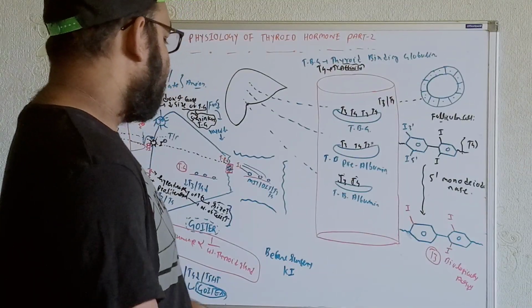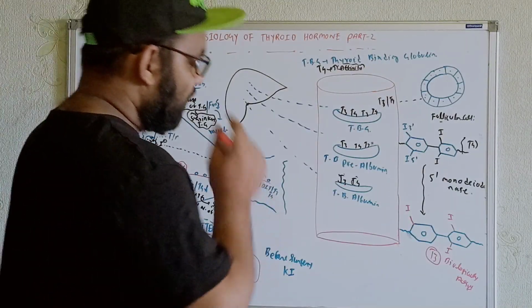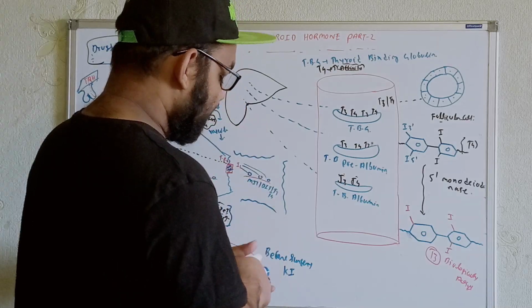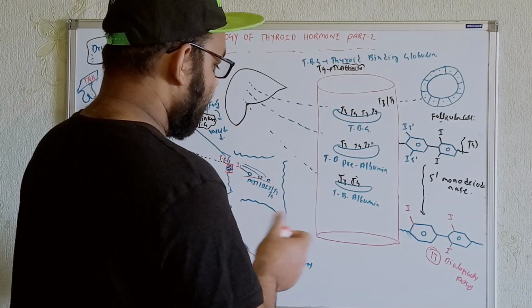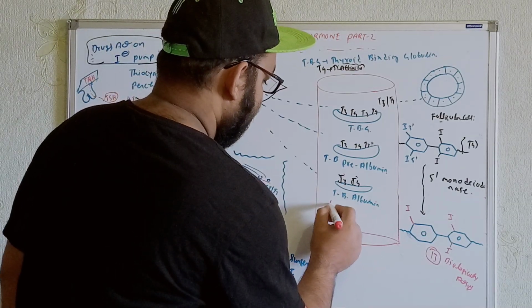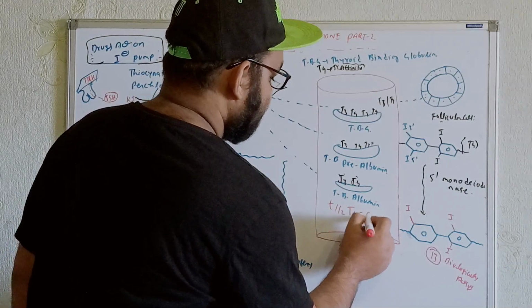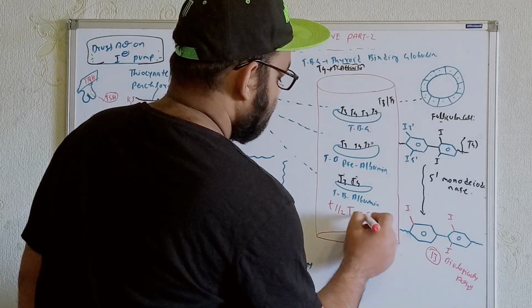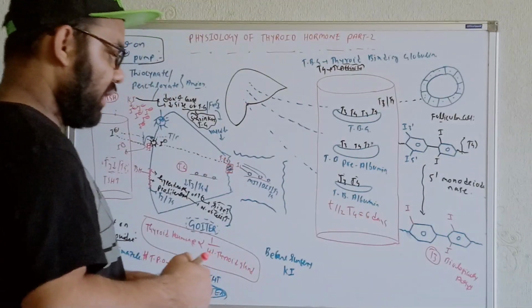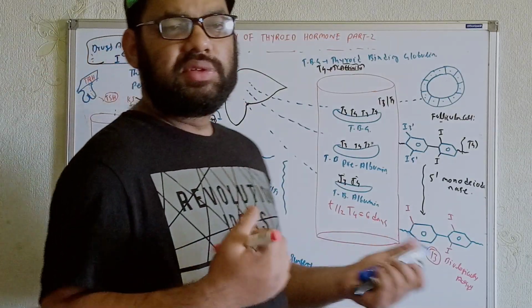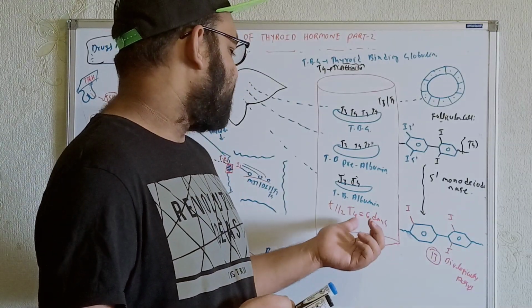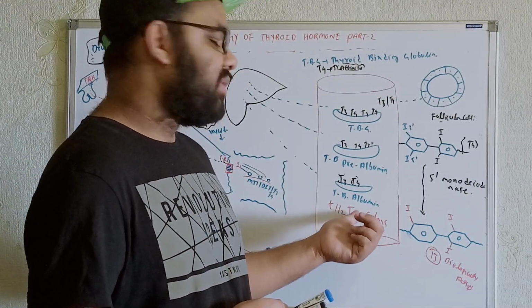Okay. Now if we talk about the half-life of T3 and T4, try to understand from here. The half-life for T4 is around 6 days. So if you inject T4 once, it has the chance to stay within the circulation for longer durations.